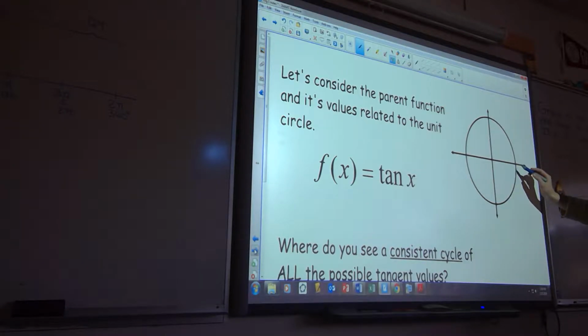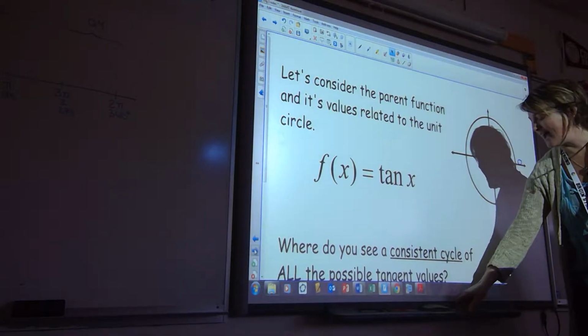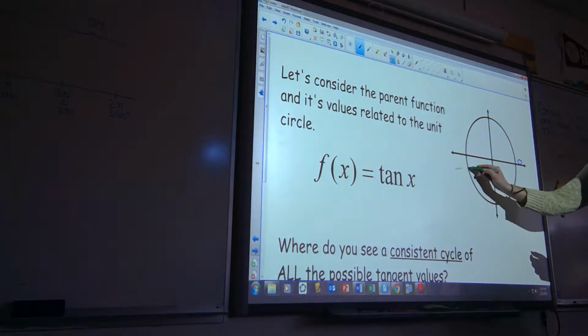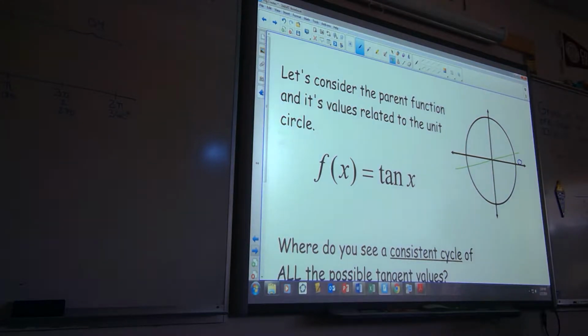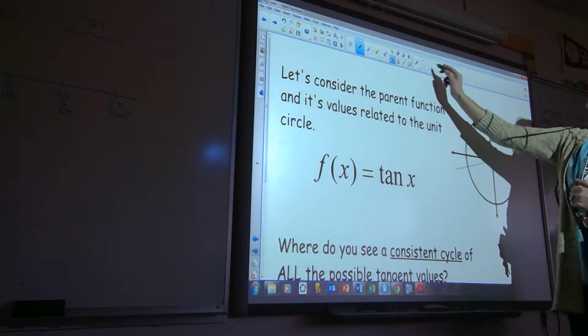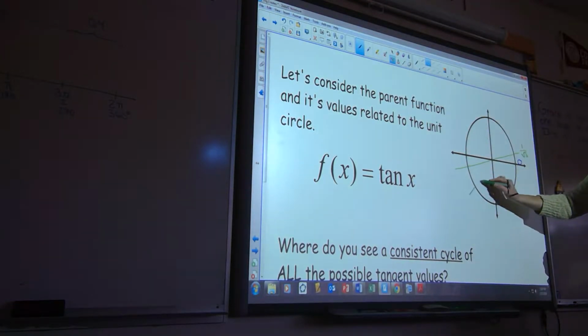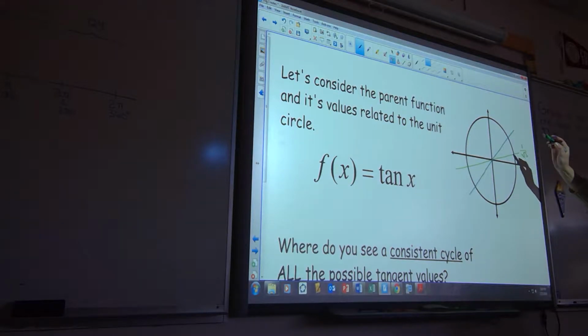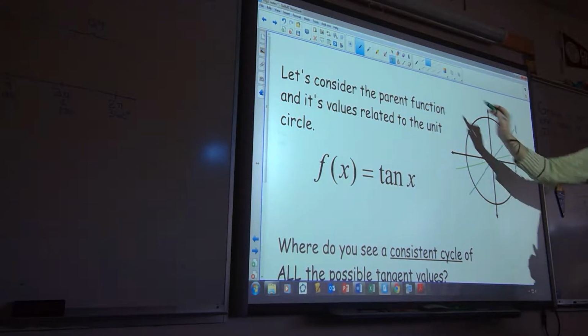At 0, our tangent value is 0, okay? At our first angle, which is pi over 6, our tangent value is 1 over root 3. At our next angle, which is pi over 4, our tangent value is 1.